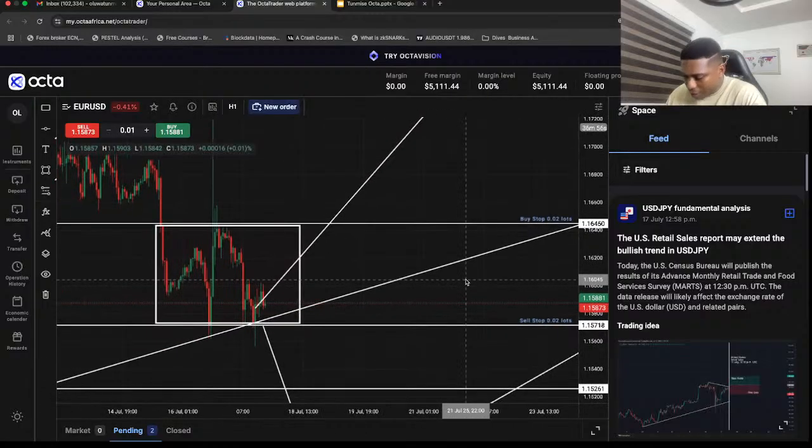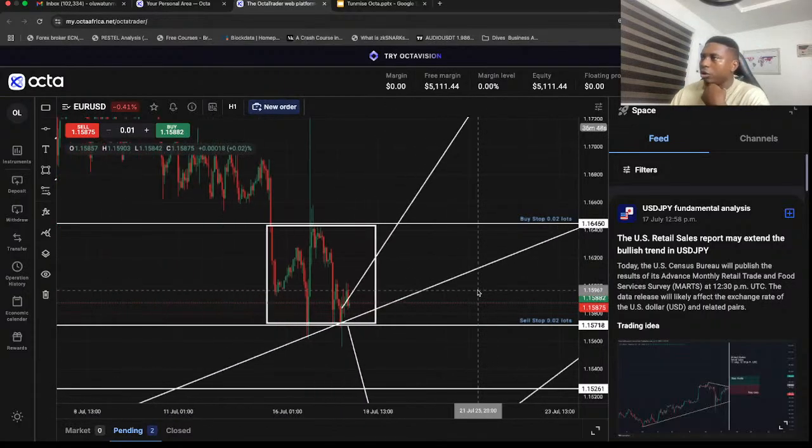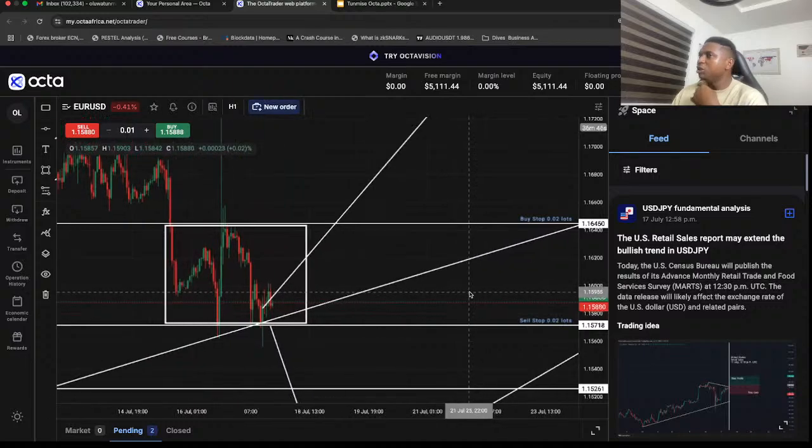Someone is saying we should look at USD GBP. Does any other person want us to look at it?